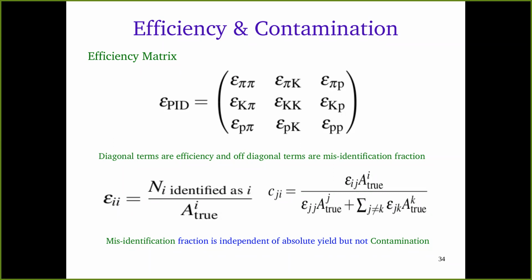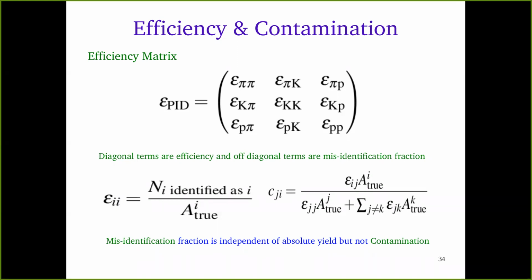Suppose someone is doing a correlation measurement with identified particles, and you want to measure the contamination. Then you calculate the misidentification fraction first, then you go to the people who are doing spectra, take the yields from the spectra, plug them into this formula, and calculate your contamination level.